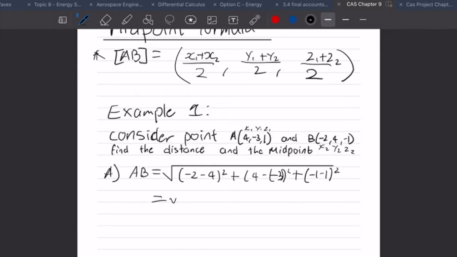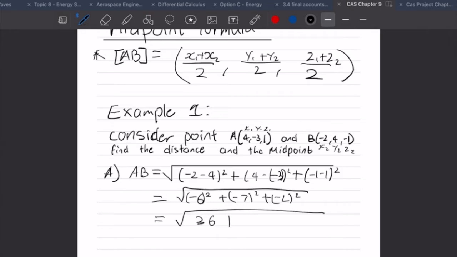So this will become the square root of 6 squared plus negative 7 squared plus negative 2 squared. Because when you square a negative you still get a positive, you'll have the square root of 36 plus 49 plus 4, which equals the square root of 89 units. So that's the answer for the distance between the 2 points.